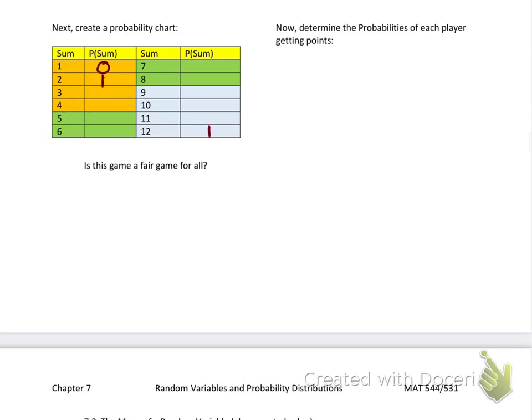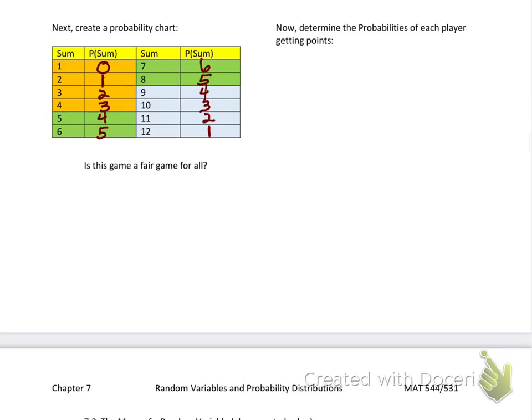Getting a 3 is going to happen 2 times, and getting an 11 happens 2 times. Getting a 4 happens 3 times. Getting a 10 happens 3 times. Getting a 5 happens 4 times. Getting a 9, 4 times. Getting a 6 is 5 times. Getting a 7 is 6 times. And getting an 8 is also 5 times.